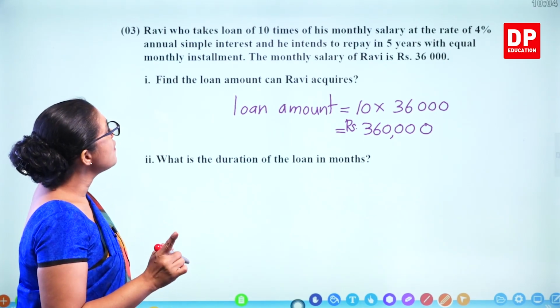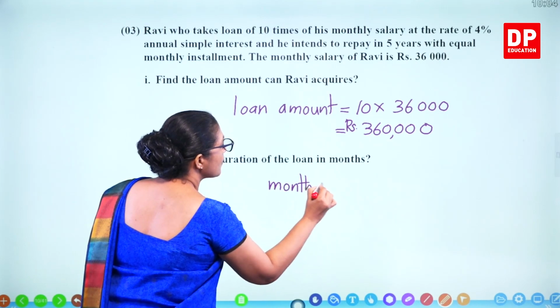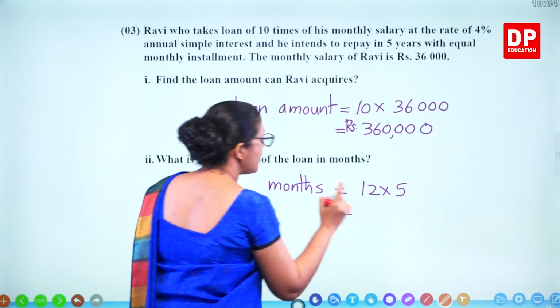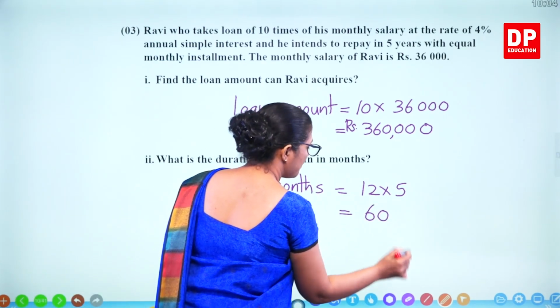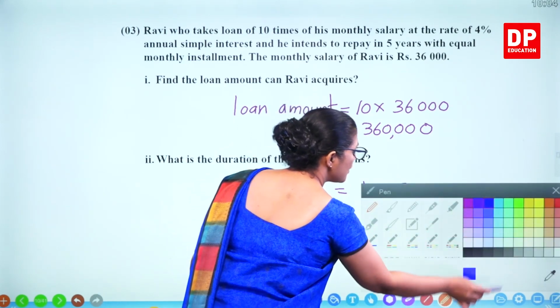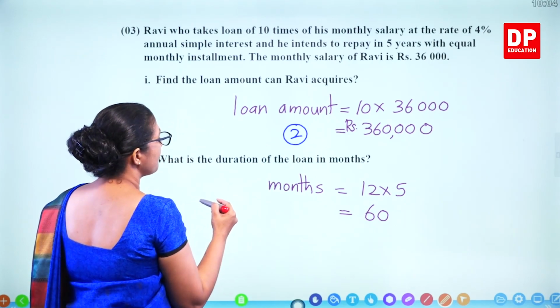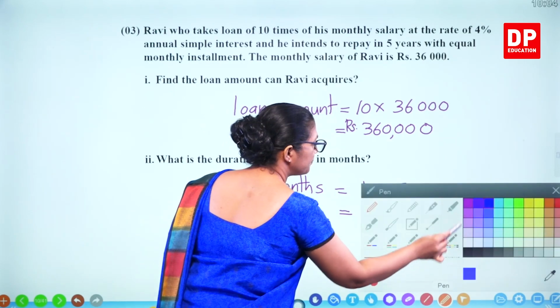This is 5 years. So months is equal to 12 times 5, because every year 12 months are there. 60 months are there. So we'll give marks for these 2 steps. 2 marks. And this is just 1 mark. Number of months.